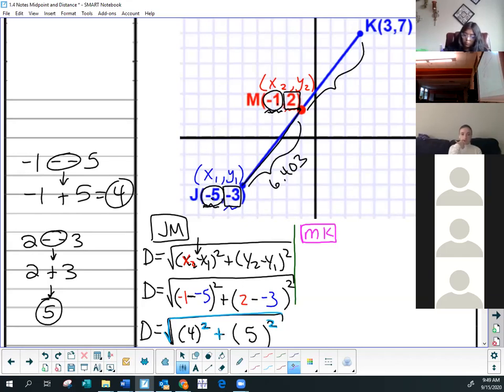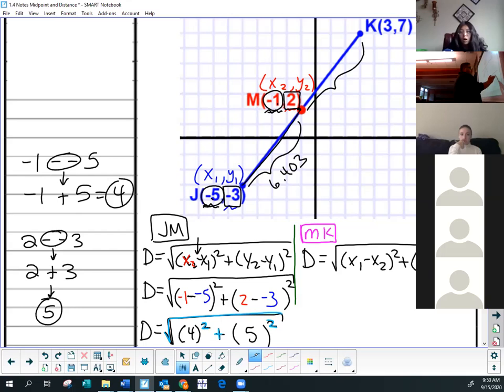Can you please use the distance formula to calculate the distance of MK? Just in case you forgot the distance formula, there it is again. So 90 seconds starting now. See if you can confirm that M is indeed the midpoint.